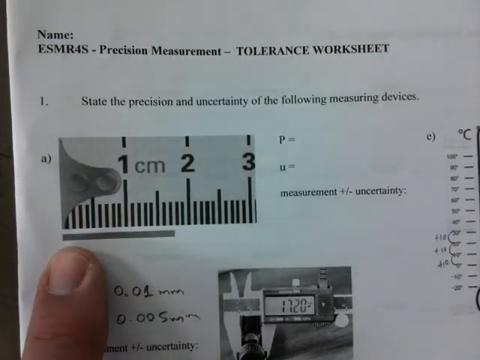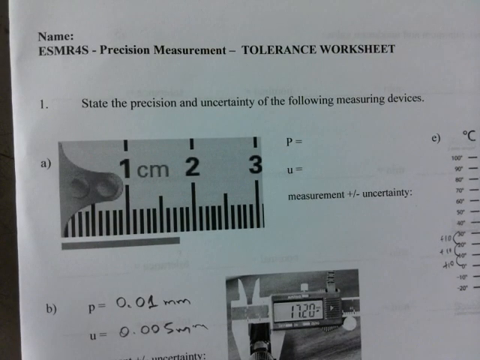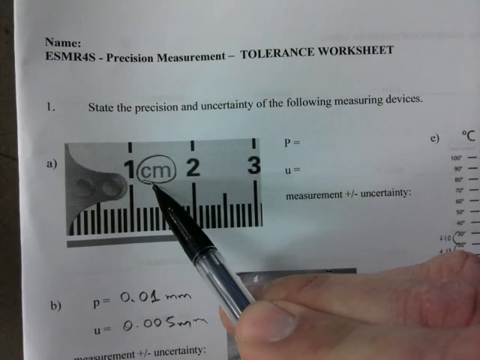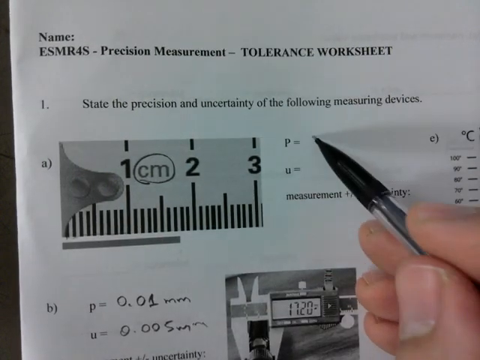This is the one Kim J wanted me to do. This one should be a giveaway. You got it? This is what? 1 millimeter, right? Even though you're seeing centimeters here, these markings are millimeters.